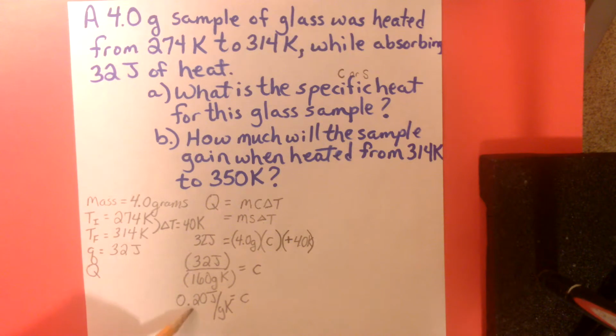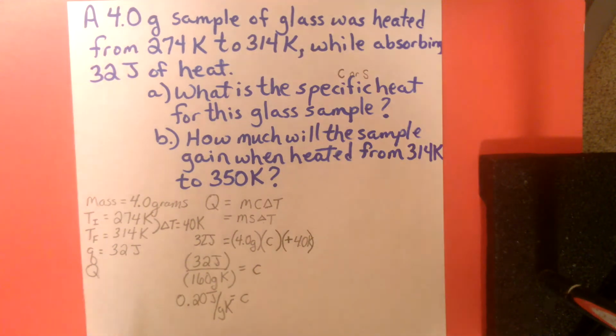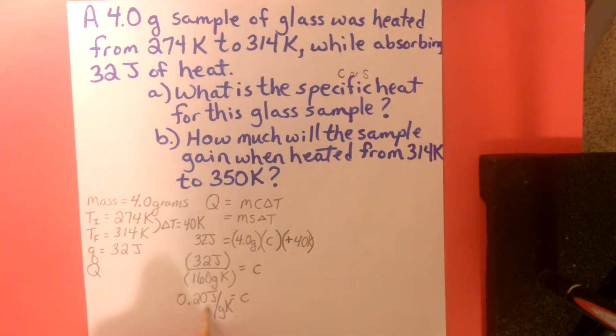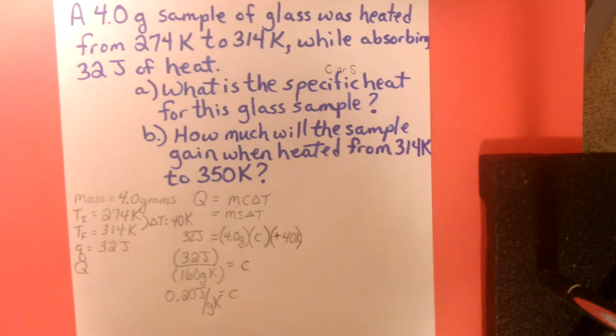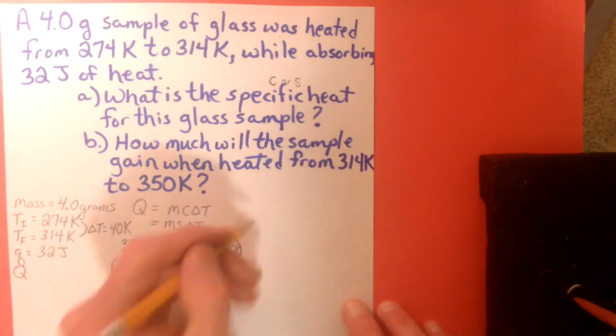So 0.20 joules per gram Kelvin. That tells us the amount of energy needed to raise 1 gram of this glass sample 1 degree Kelvin or Celsius. 0.20 joules per gram Kelvin.